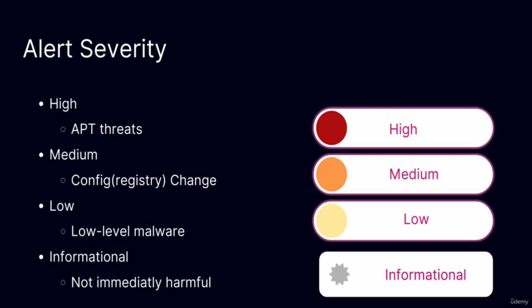So the key thing to remember is that Microsoft 365 Defender is looking into different threats and determining the severity based on what type of harm the threat can cause.